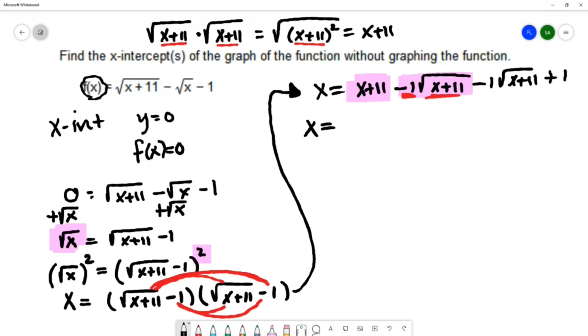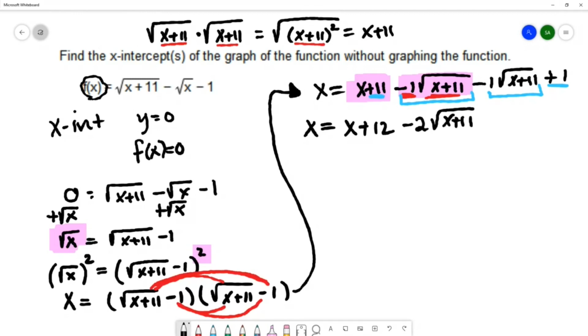And I'm going to start combining like terms. So I've got a positive 11 and a positive 1 that will combine together. That's x plus 12. And then these two terms, we call these like radicals, sort of like terms. And when we combine those together, we're going to have negative 2 square root of x plus 11.